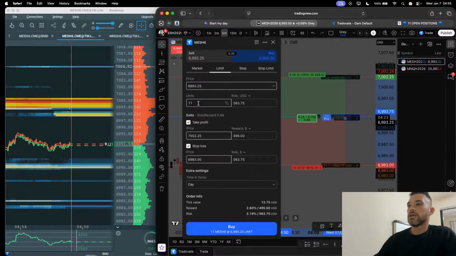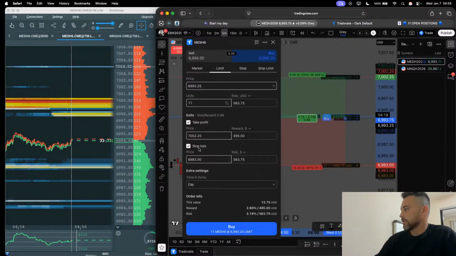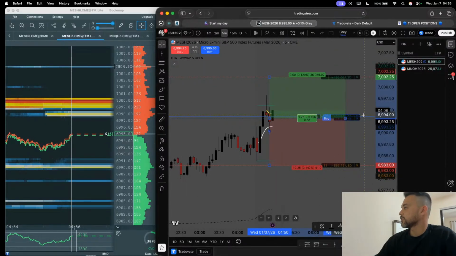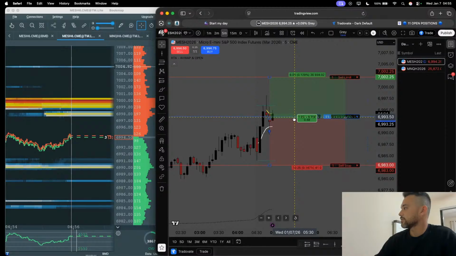You put that number in, take profit, stop loss. So here I'll probably gain 495, and the stop loss worst case scenario would be 563 if I let it really hit those levels. That's how much you're risking on this position.